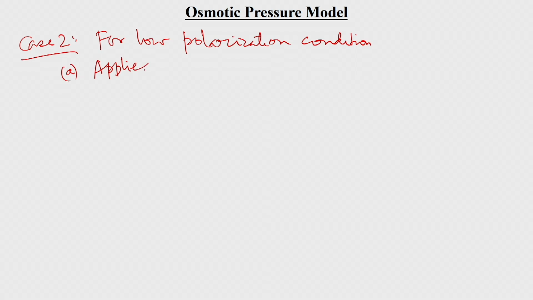Suppose the applied pressure is low, then Cb is low, that is, the bulk concentration or feed concentration is very low, and there is high turbulence.